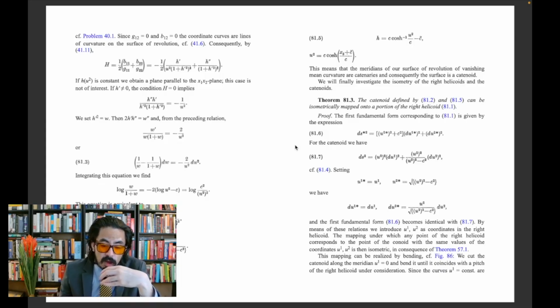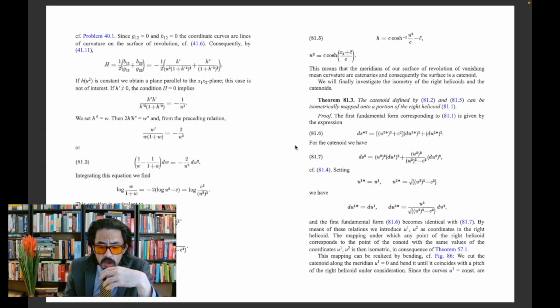For the catenoid, we have ds squared is equal to u2 squared times du1 squared plus a fraction of u2 squared over u2 squared minus c squared, and this fraction is times du2 squared, for which we can refer back to the expression that I just read of 81.4.